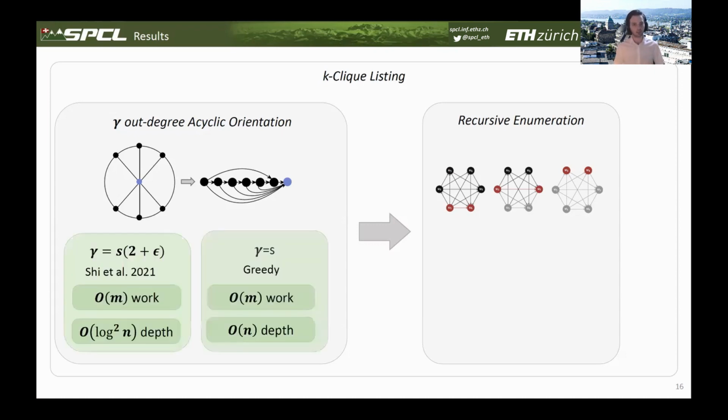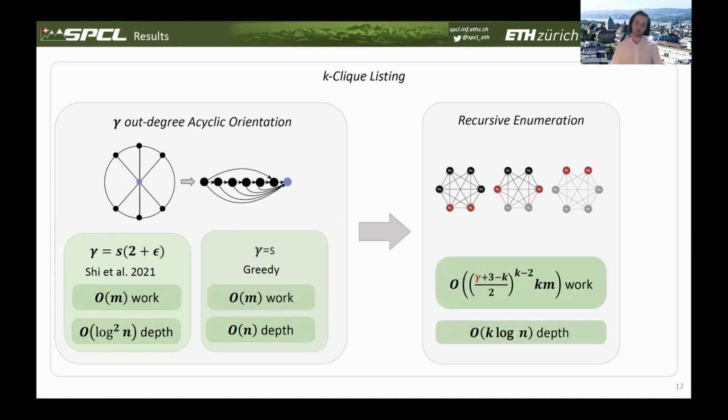Now let's look at the bounds for the individual parts. For the acyclic orientation, we get a work depth trade-off. So either we can get an orientation which is only approximately as good as the lowest out degree orientation, and we get a low depth, or we can use the greedy algorithm, which gives us the smallest possible out degree, but a linear depth.